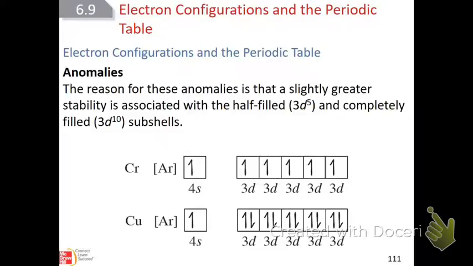Even though it should have a core of argon and 4s2 3d4, it's just been found experimentally that having a half-filled subshell like this is just way more stable than having a full S orbital and only 4 D orbitals filled. Having all 5 D orbitals each with 1 electron instead of 4 of them having 1 is much more stable.